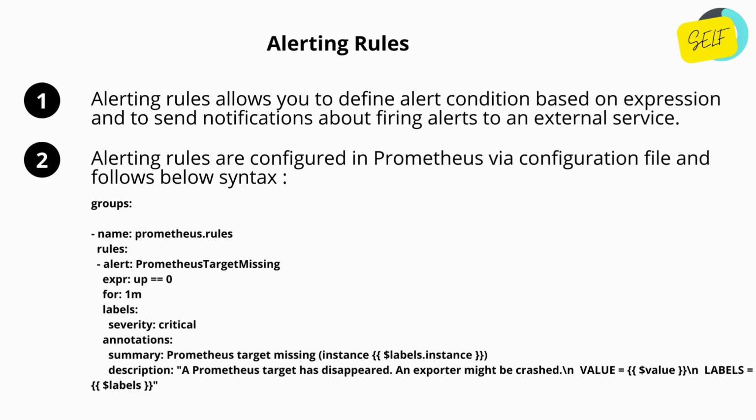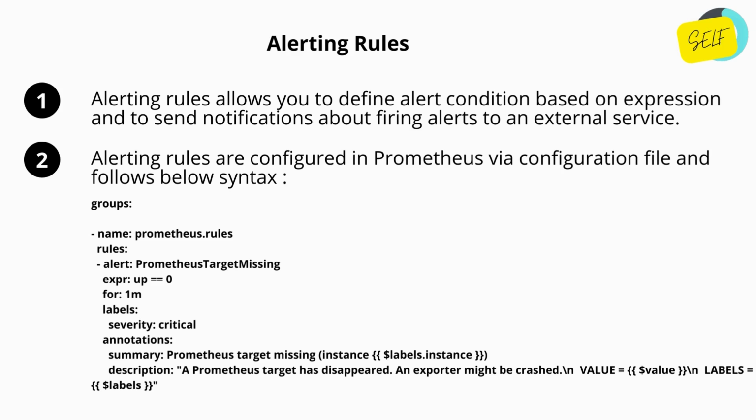Once your target is registered, a metric starts coming for that particular target. The metric name is up and it specifies that your particular target is healthy and registered. Up equals to 0 means that if up's value goes to 0, the target is missing. It is no longer coming.